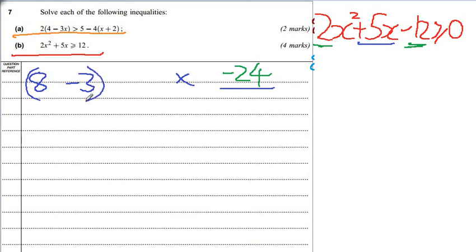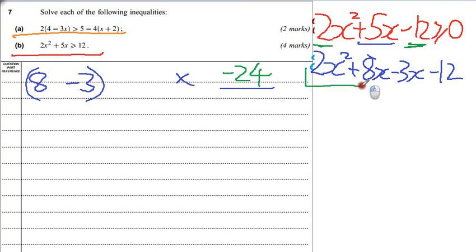So then I just write out exactly the same thing, 2x squared, but instead of writing plus 5x, I write plus 8x minus 3x. Plus 8x minus 3x is exactly the same as plus 5x. I've just written it out in a longer way, and then minus 12 there. Then what I can do is group together some of these things.